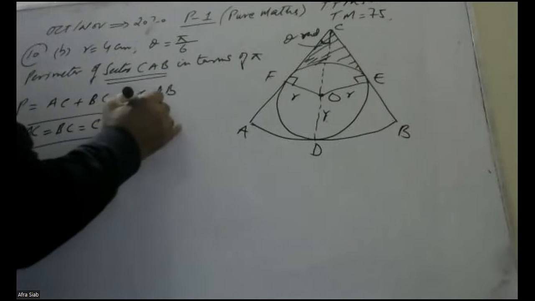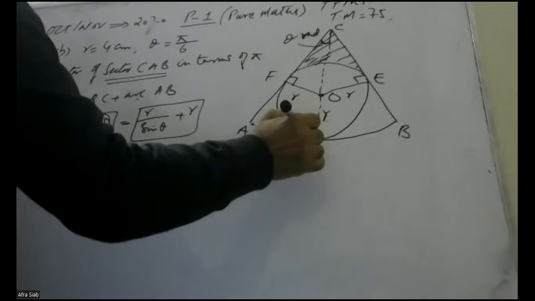So these lengths and CD are the same, and that is equal to R over sine theta plus R, which we calculated in the first part for CD. So AC and BC are equal, so that is twice R over sine theta plus R, plus arc AB.